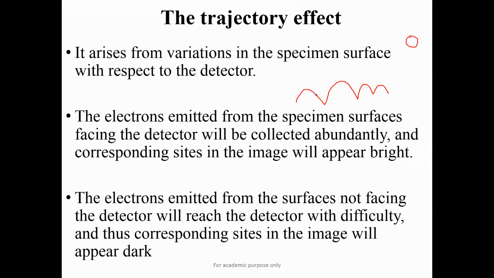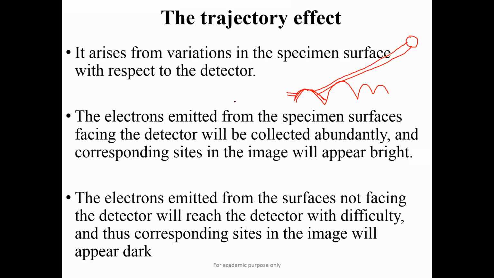Secondary electrons are emitted and go directly to the detector, so from this feature you will get a lot of electrons. But on the topography which is not facing your detector, secondary electrons also come out, but they do not reach the detector. So this area will look bright and this area will look dark. This is how the contrast is created.